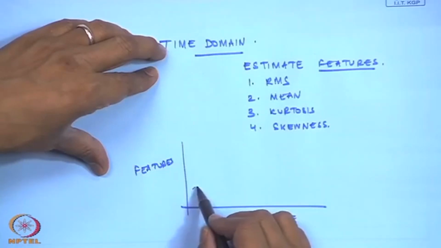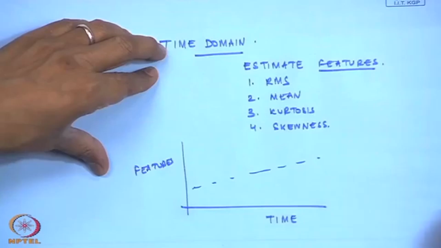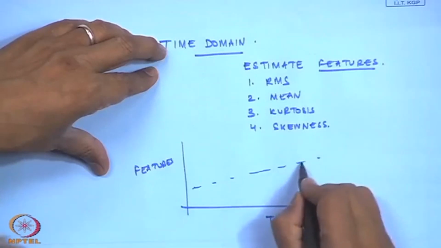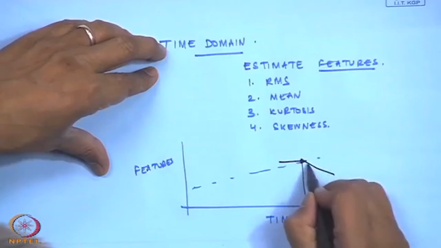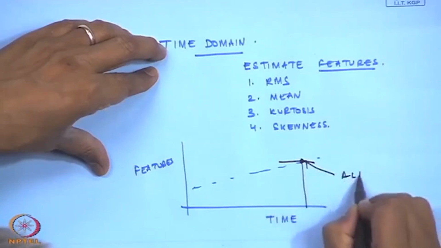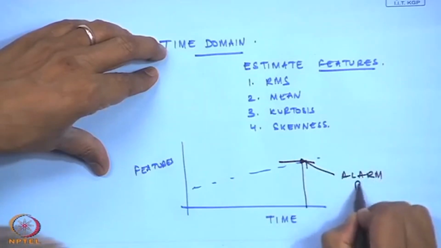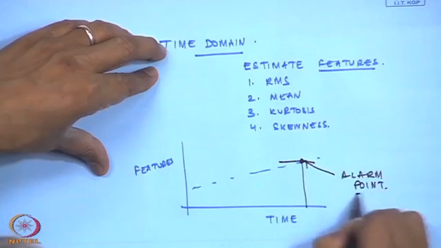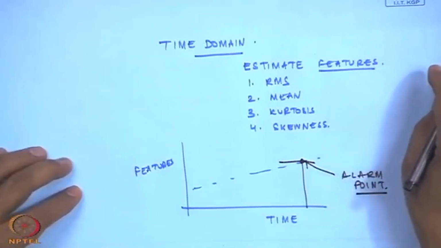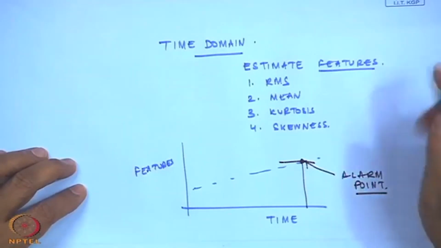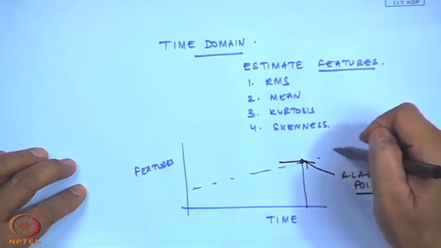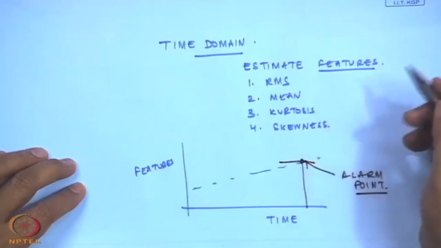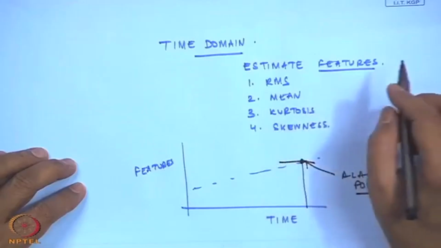Okay, and then this may be increasing with time, and there will be a level at which I will know this is an alarm point. Okay. But we would not like to measure only at such gross levels to only know whether a defect has occurred or not.